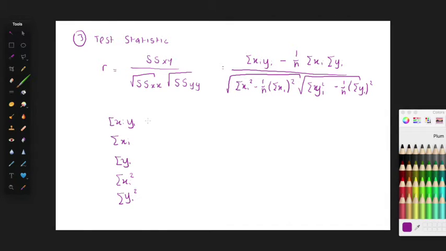We're going to find all these values in your calculator using the mode function table. Once we have all those values, we can plug them into this formula over here.